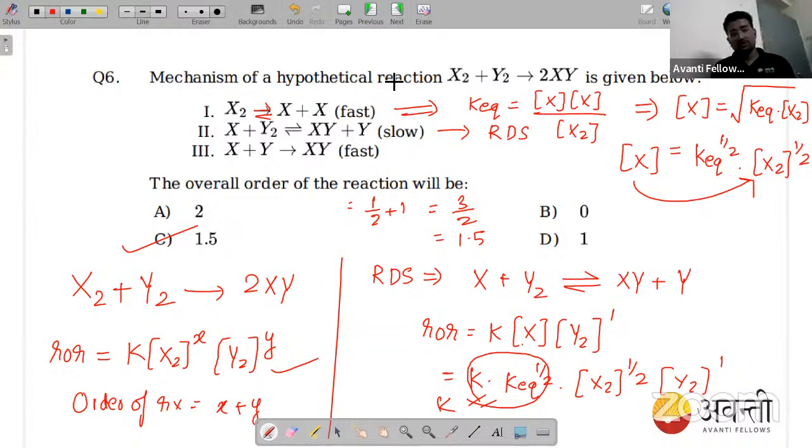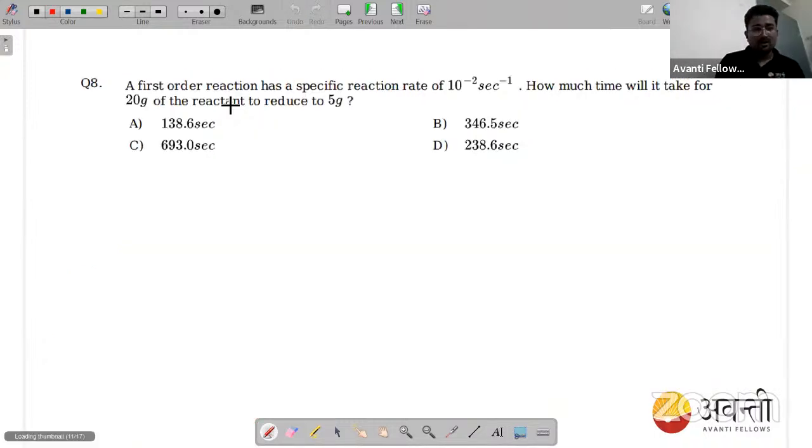Okay, so that is a very important question. Now coming to our next question. This is a very easy question, and this type of question is frequently asked in NEET. Please pay attention. Let's see.